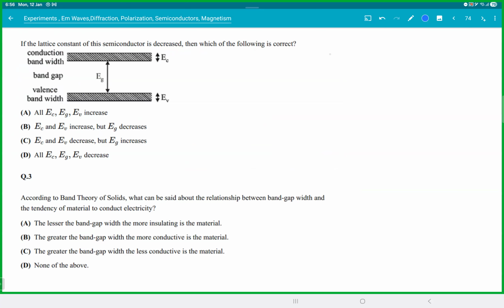Lattice constant is simply the distance between the molecules in the lattice.